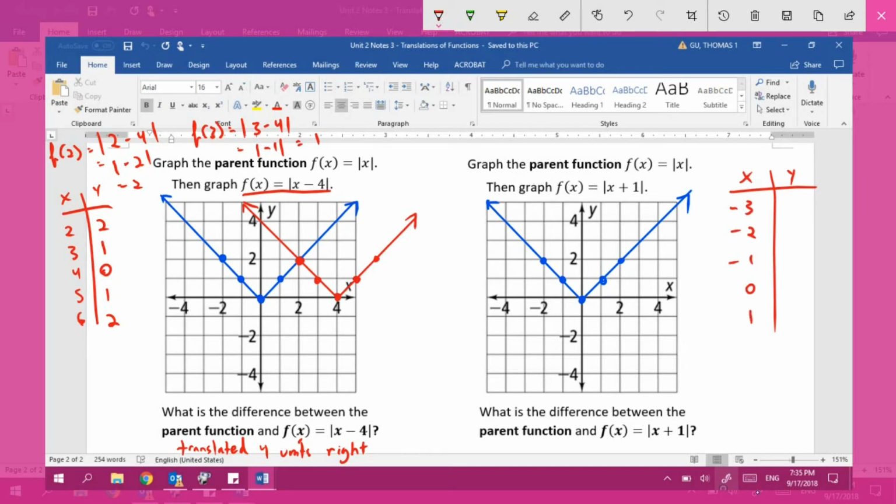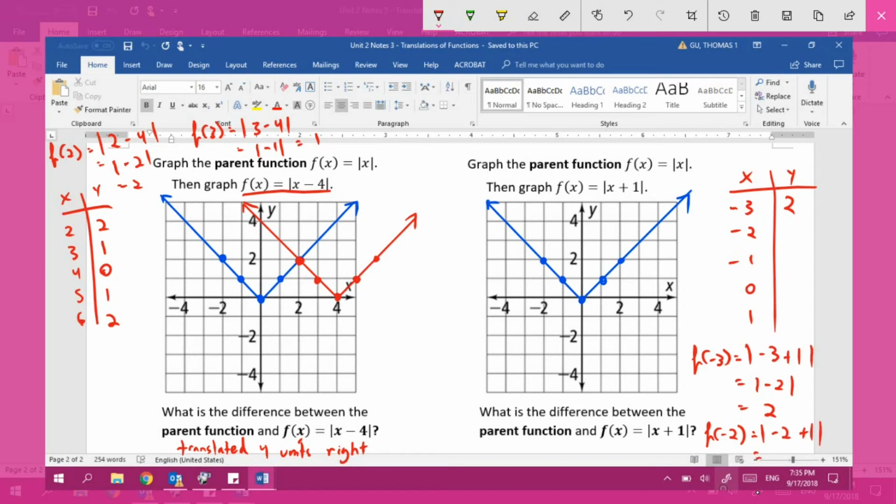When we plug in negative 3, f of negative 3 equals absolute value of negative 3 plus 1. What is negative 3 plus 1? That's negative 2. And the absolute value of negative 2 is positive 2. Okay, let's see what we get when we do f of negative 2. f of negative 2 equals the absolute value of negative 2 plus 1.